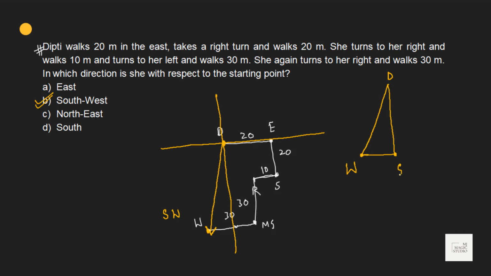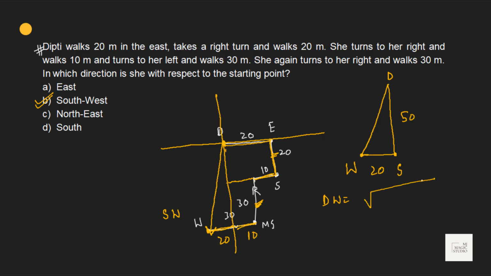We need maybe one point S. So how much is this? This is 20 and then 20, 10. So this coverage would be 10. This is 10. So this is 20. So we have this as W20. And DS would be 20 plus 30, that is 50.